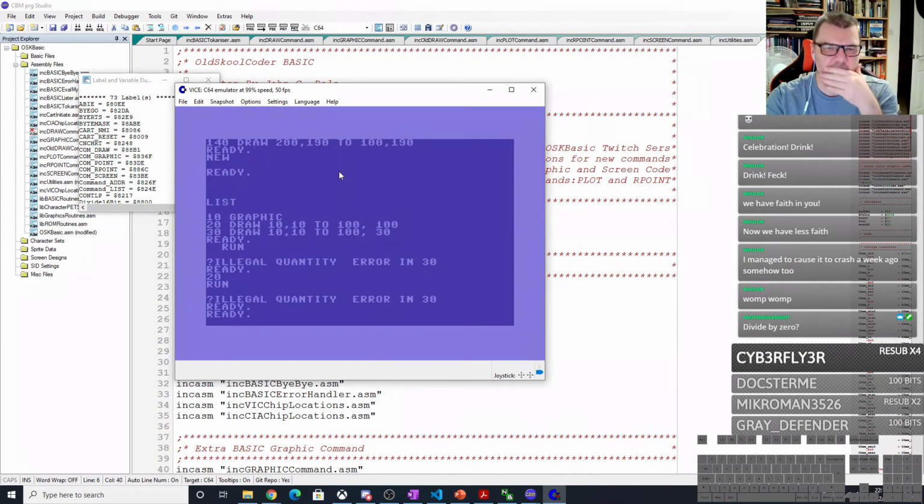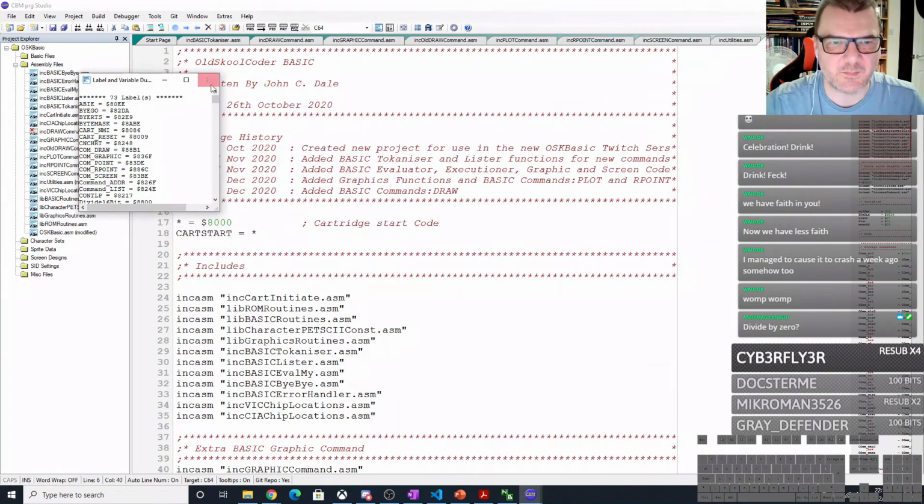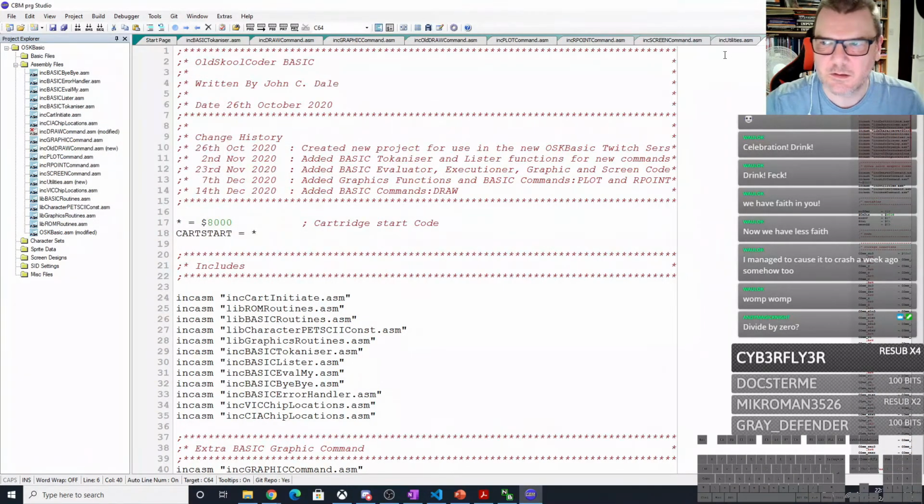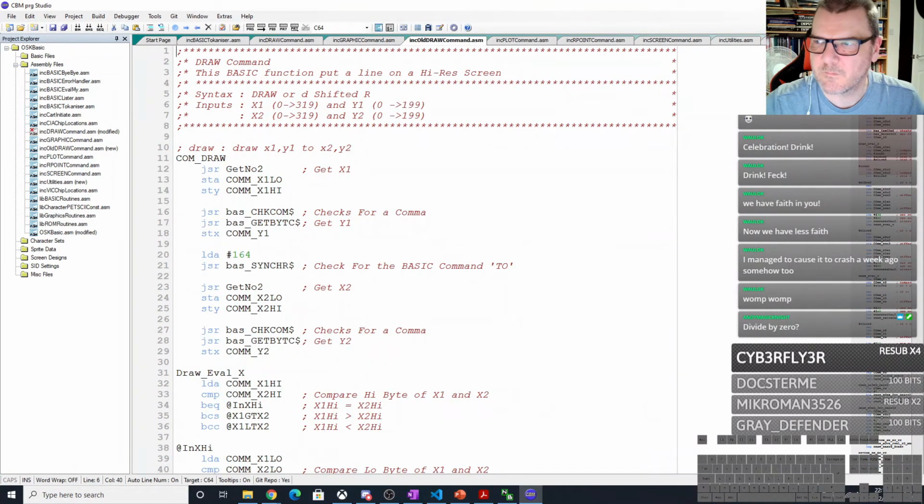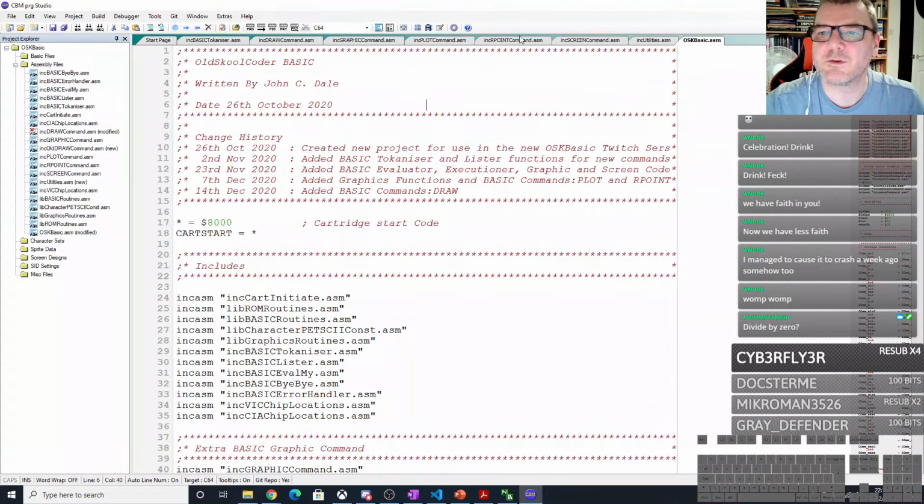But it blows up. So that must be something to do with the divider. Let's see if we can stick a breakpoint in this. Get rid of that. Draw. Where's draw?